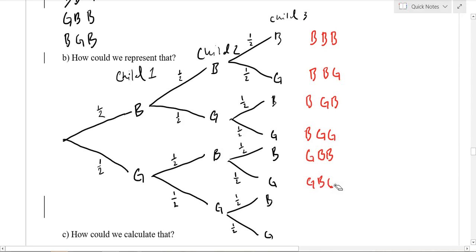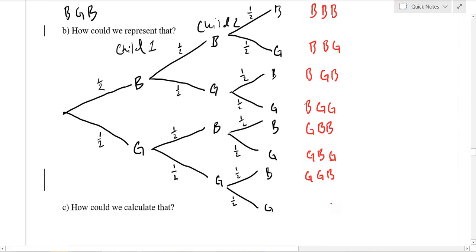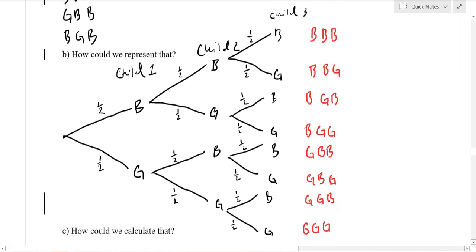So you have to put these in. Second last one is girl, girl, boy. And the last one is all three girls. I feel sorry for the dad. I'm kidding. That's a blessing. That's a good thing. So this is how we represent all the possible outcomes.